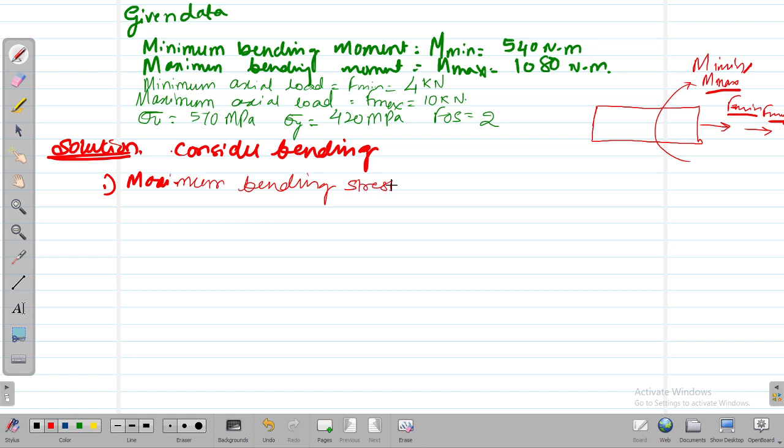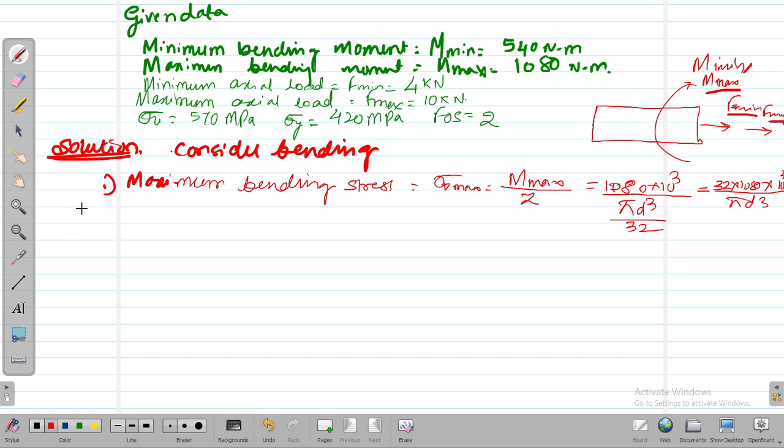Sigma B max equal to M max divided by Z. So M max is 1080 into 10 to the power of 3 Newton mm, divided by pi d cubed by 32. So this is 32 into 1080 into 10 to the power of 3 divided by pi d cubed, right.